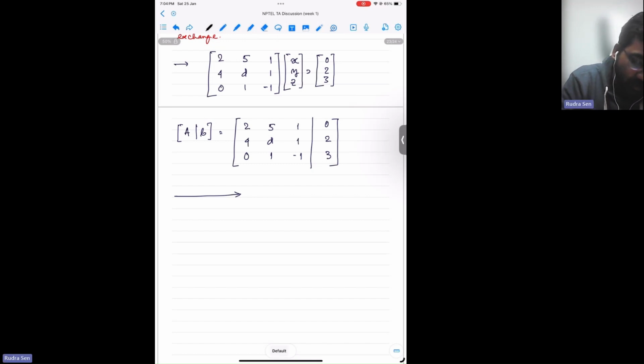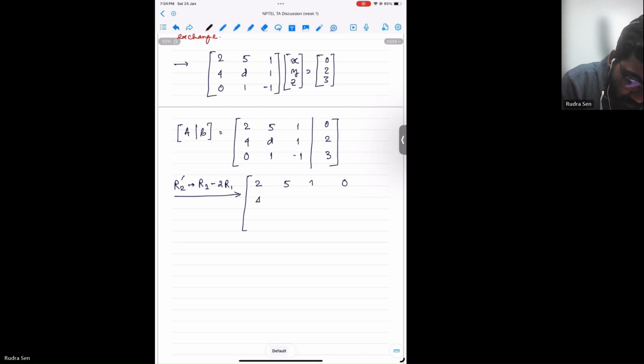So what we do is the row operation, that is multiply with a scalar and then subtraction, that is row 2 minus 2 row 1, because we do not need any operation at first for row 3. So we will get 2, 5, 1, 0.